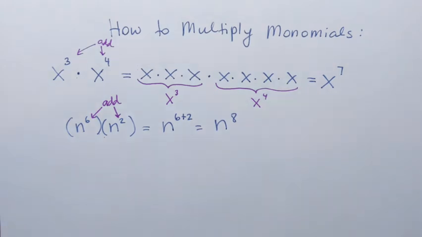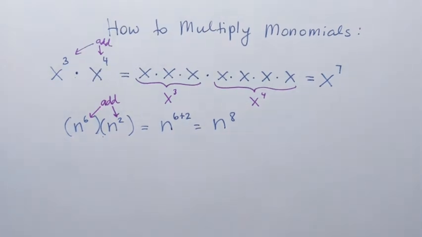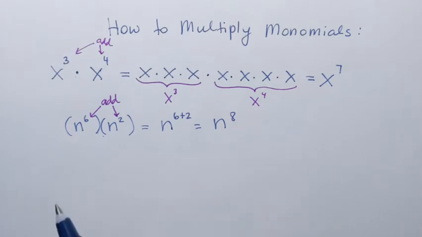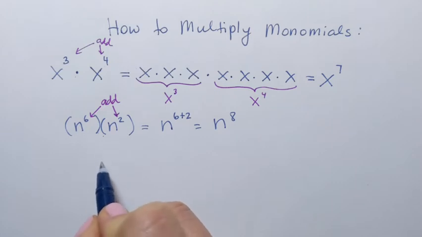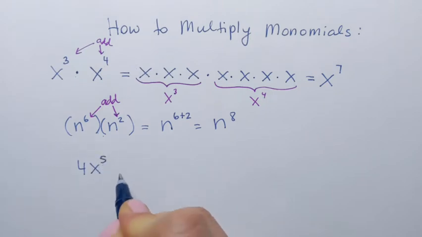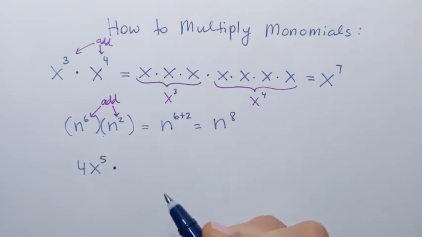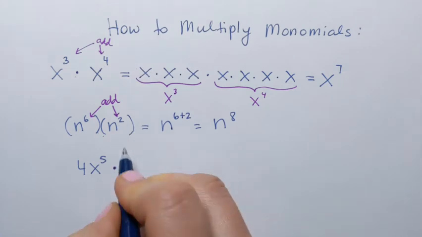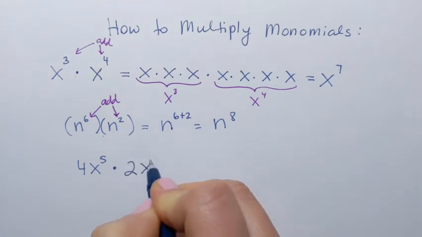So that will be the idea for multiplying same variables. But now what if we have not just variables but constants or coefficients? Remember, terms can involve both variables and numbers. So for example, what if I have 4x to the fifth power, that's a monomial, multiplied by 2x to the eighth power?